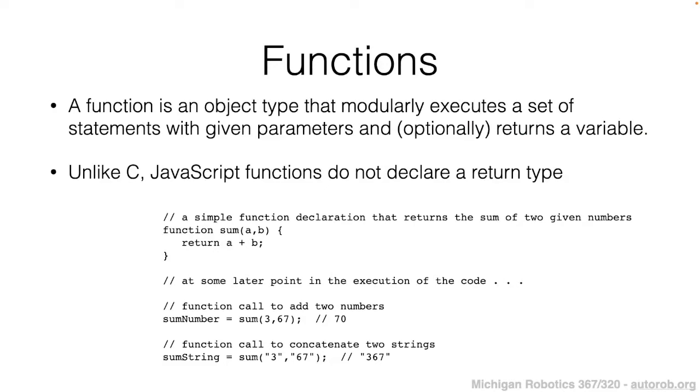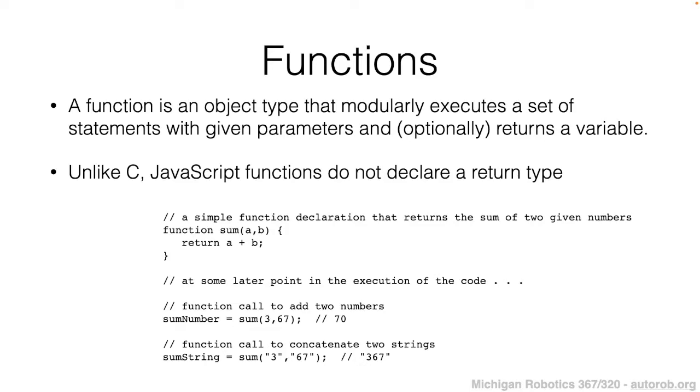Another really important component of JavaScript and virtually all programming languages is how we can implement functions. A function is actually an object within JavaScript. Other than the primitive data types, pretty much everything else is an object within JavaScript, functions included. A function is a block of code that executes a set of statements in sequence.